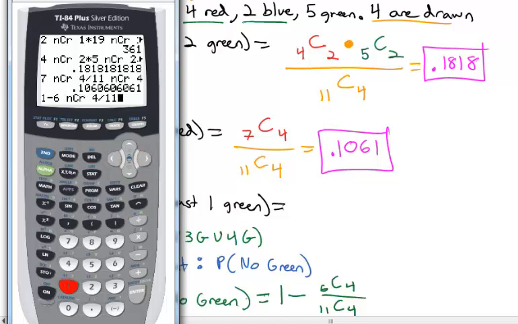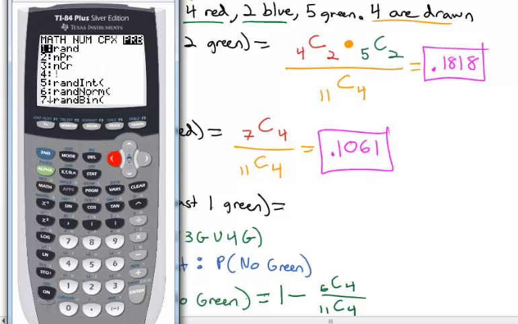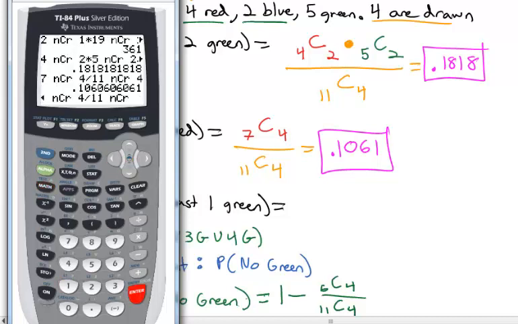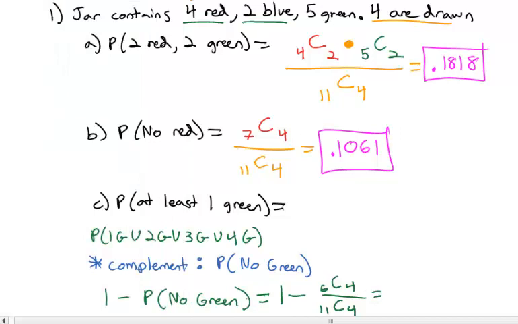Divided by 11. Math, probability, down to combination. 11, choose 4. Enter. And we get 0.9545. The probability that I get at least 1 green, if I draw 4 of them, is a 95% probability.